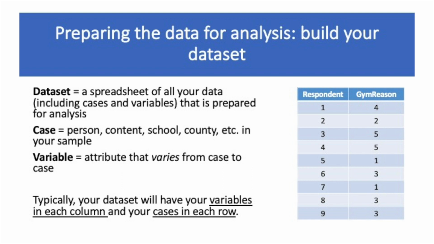Now a case, this might seem pretty straightforward, a case is going to be a person or perhaps a particular type of content. So maybe if we're doing content analysis, each newspaper article is another case. If we're doing analysis at the ecological level, we're not looking at individuals, maybe we're looking at schools. So each school is a case, or each county is a case.